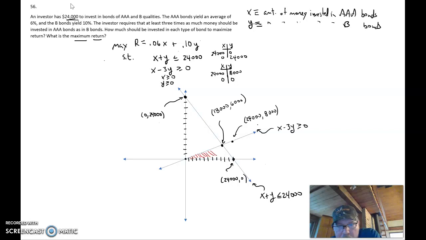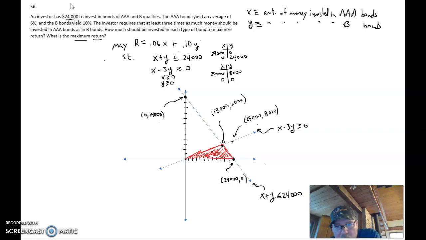X greater than or equal to 0, I would shade to the right. Y greater than or equal to 0, I would shade above the x-axis. And then x plus y less than or equal to 24,000, put 0, 0 in, that's true. So I would shade underneath it. And you have this triangle here. This is my feasibility region.